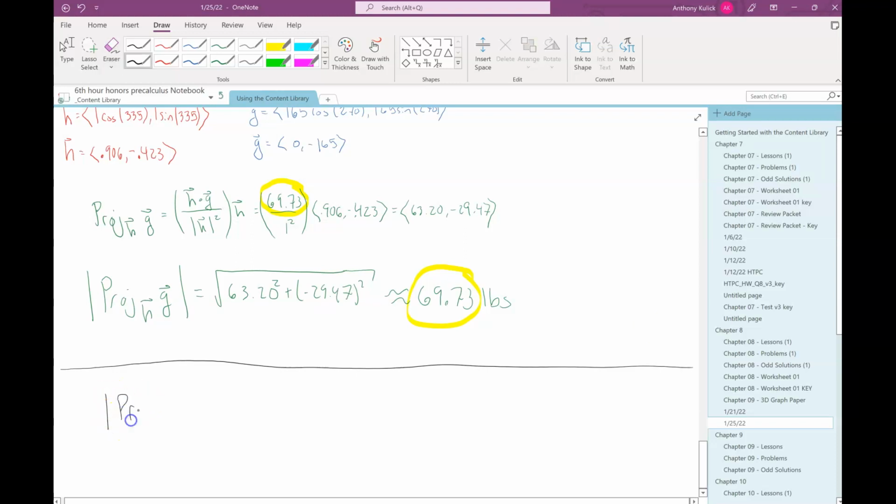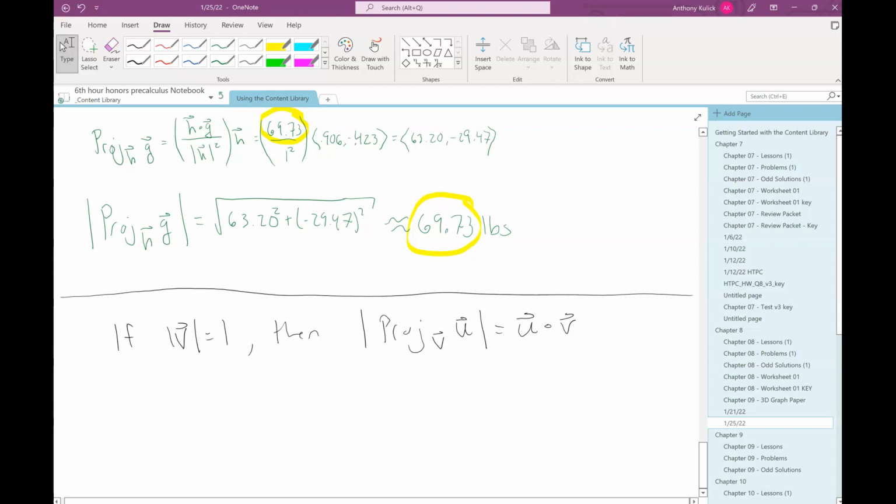So if the magnitude of V is equal to 1, then the magnitude of the projection of U onto V is equal to the dot product of U and V. Actually, we should probably say the absolute value of the dot product of U and V.